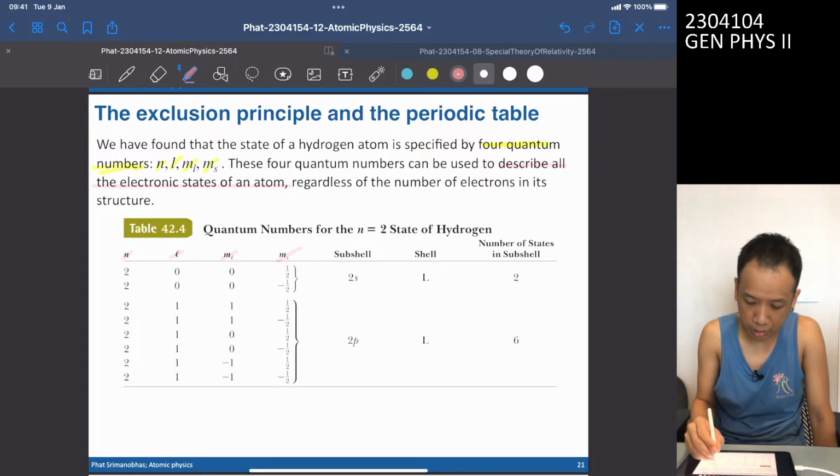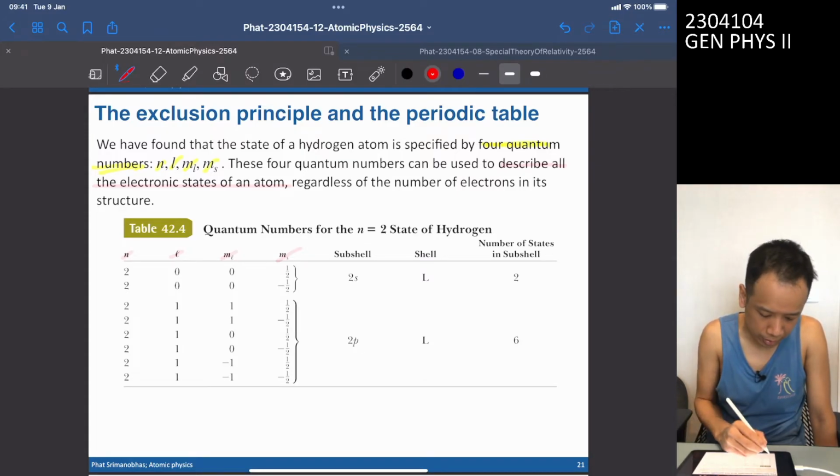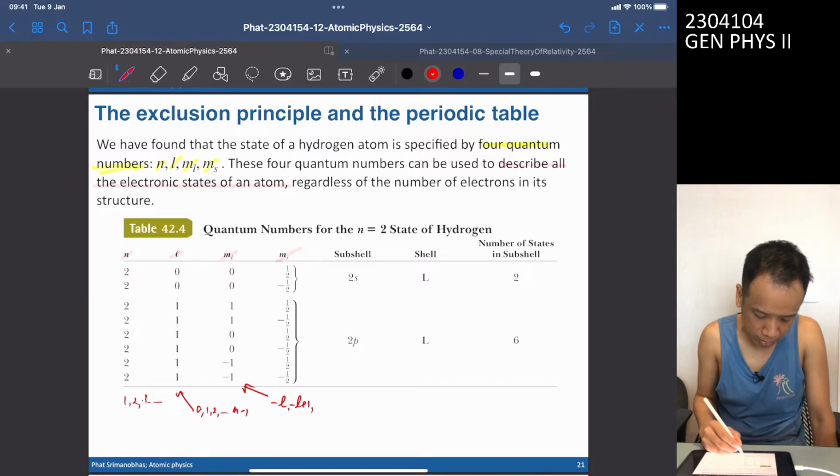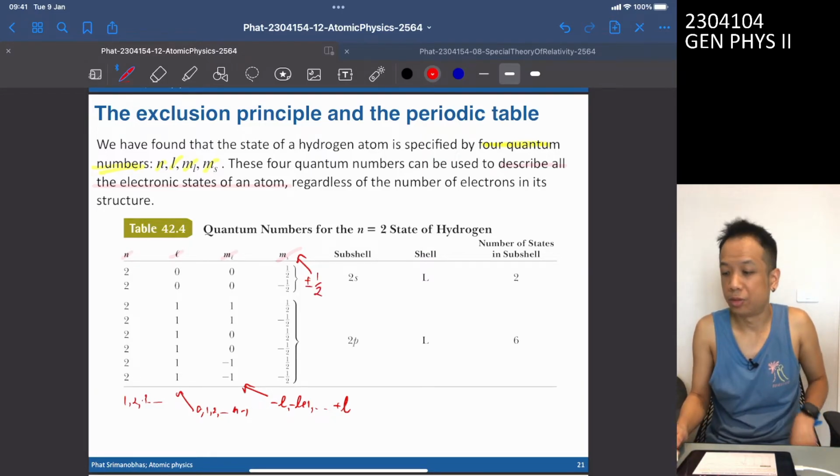Now you know the conditions, right? n can be 1, 2, 3, and so on. l is from 0, 1, 2 to n minus 1. m_l is minus l, minus l plus 1, and so on until plus l. And m_s is plus and minus half for the electrons.